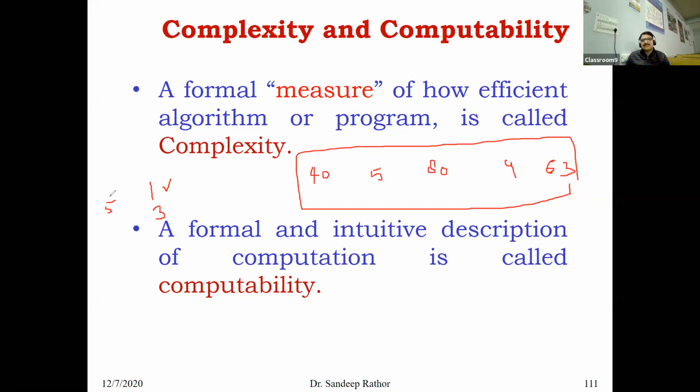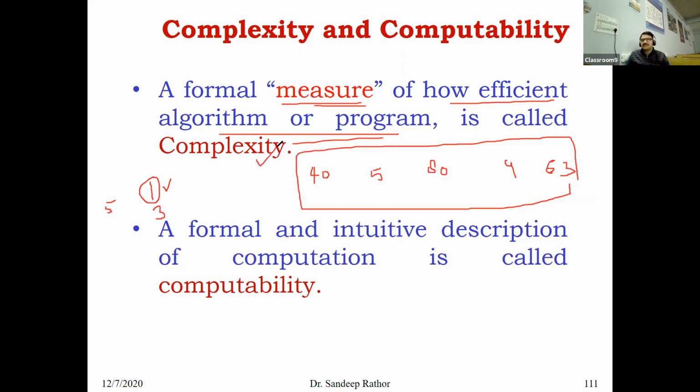By seeing this, you can directly say that the first algorithm is better because it is less complex. So complexity depends on two parameters: the first is time and the second is space. On the basis of these parameters, we can say that a particular problem is complex or simple. So a formal measure of how efficient an algorithm or program is is simply referred to as complexity.